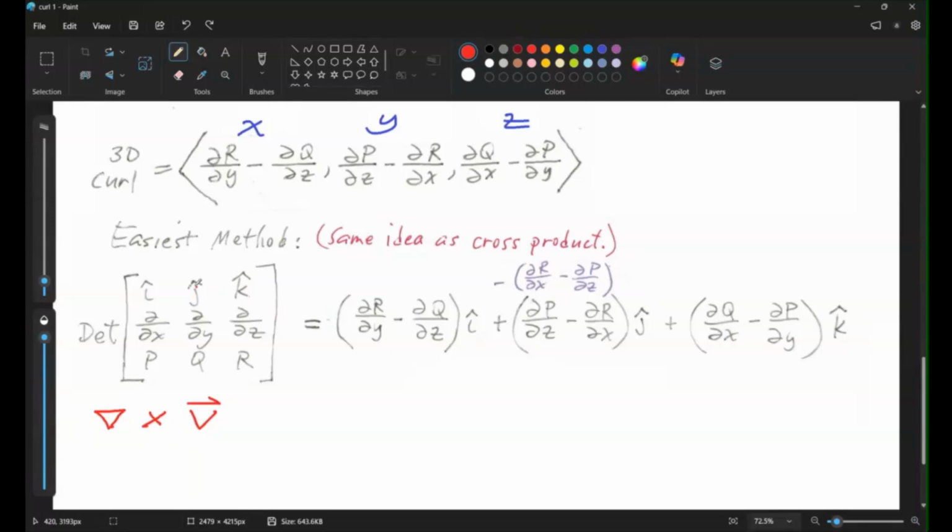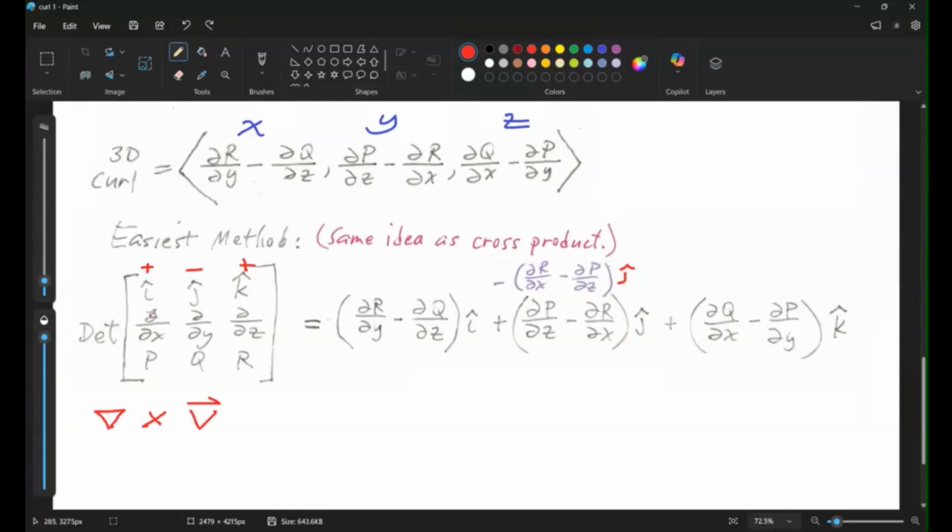Now you may remember with 3x3 determinants, i is positive, j is negative, and k is positive. So if you do it that way, we would be doing it like this. We look at this first, and then I just flip it around here. That's really the only difference, but I went ahead and put the minus here.